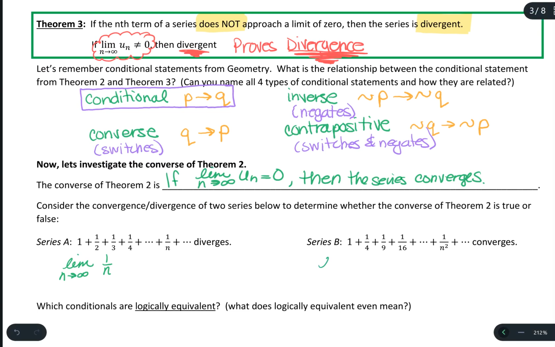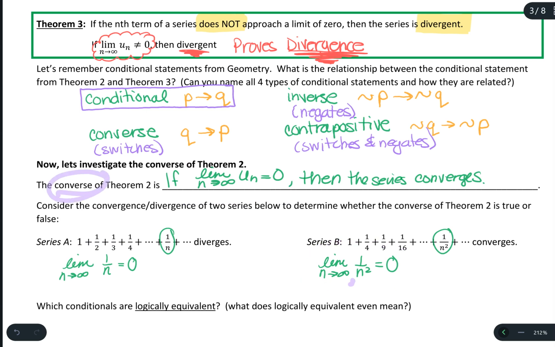On the right, we're going to find the limit as n approaches infinity of u sub n, which in this case is 1 over n squared. And we're going to calculate what each of those limits is equal to. So you have that each of them is equal to 0. Okay, so that's the hypothesis of this theorem. So if the limit of u sub n equals 0, yes, that's true for both series, series A and series B.